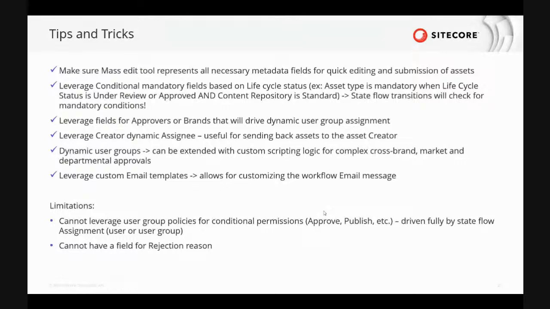I don't know exactly the names of the permissions, but essentially it allows for conditional logic. You can specify that only the Sitecore brand can approve assets in the UK market in this specific user group. So this kind of conditional permission is not possible with state flows.